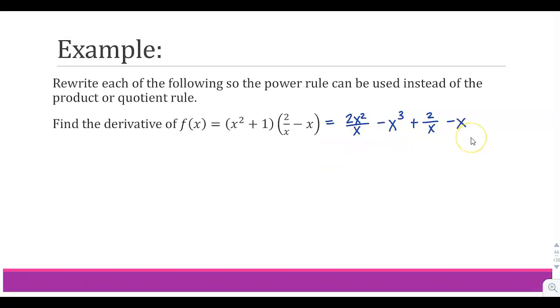And I'm going to simplify a little bit further. So I have 2x, because I did cancel out an x and one of the x's in the numerator, and then minus x cubed.